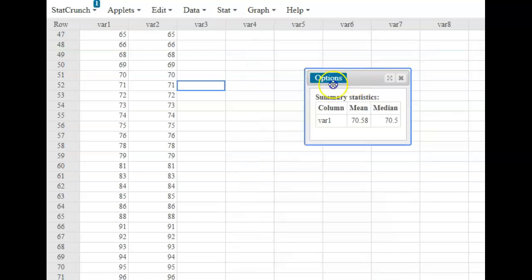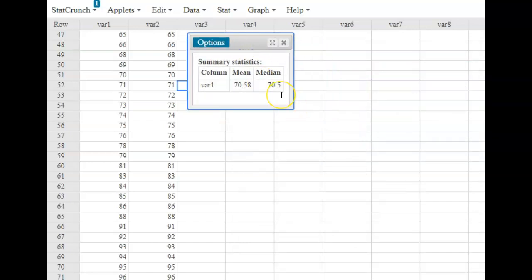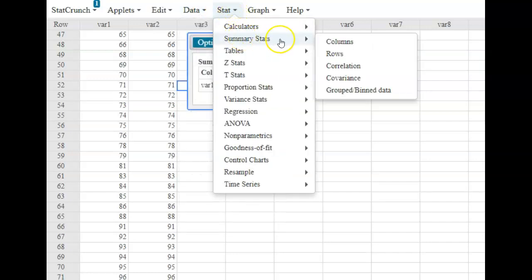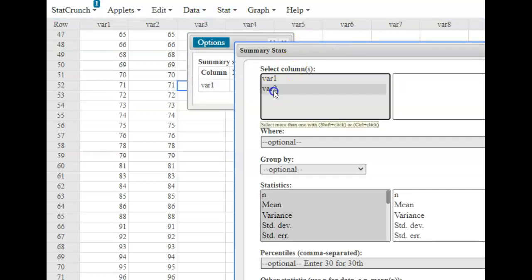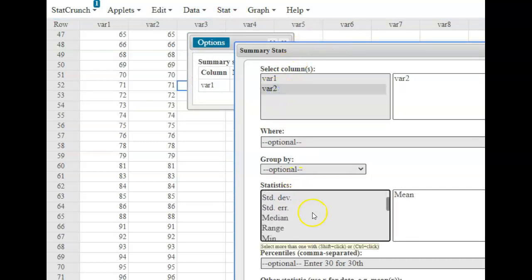Okay, so we got a mean of 70 and a median of 70.5. The mean is much higher than the example, but I can't come up with exactly the same numbers as they had because I don't have the full data set. And let's do the same with var2. I'm going to get the mean and the median.